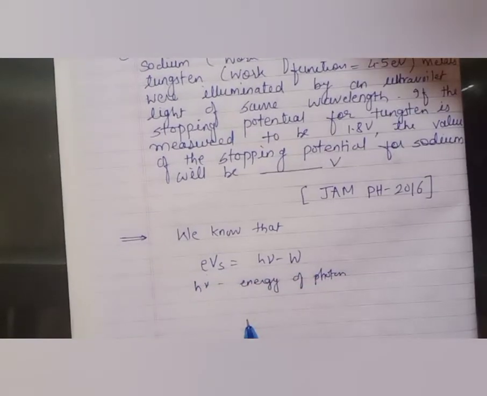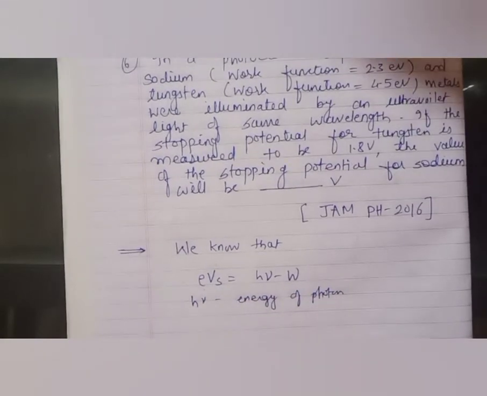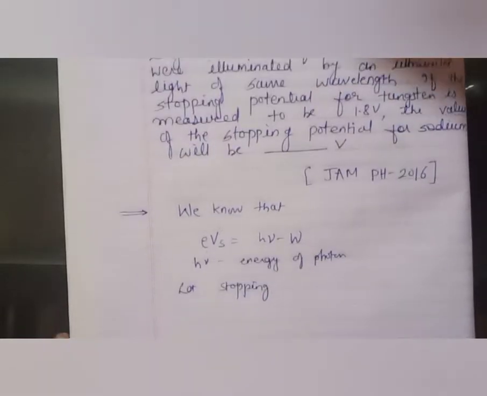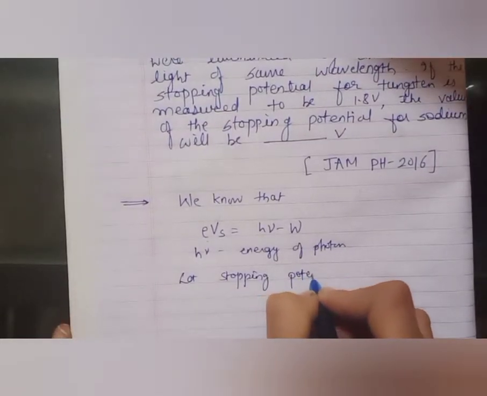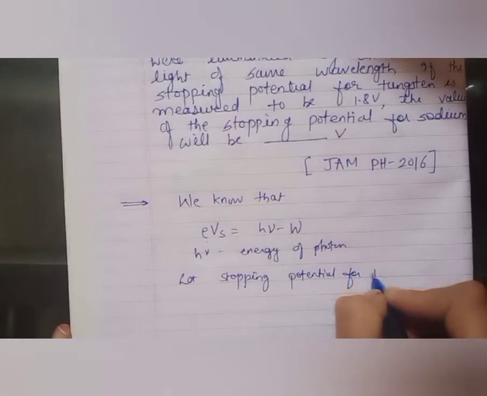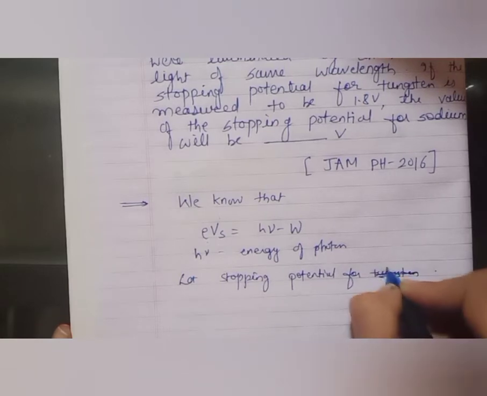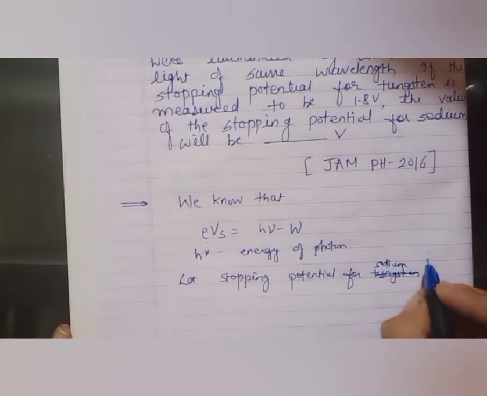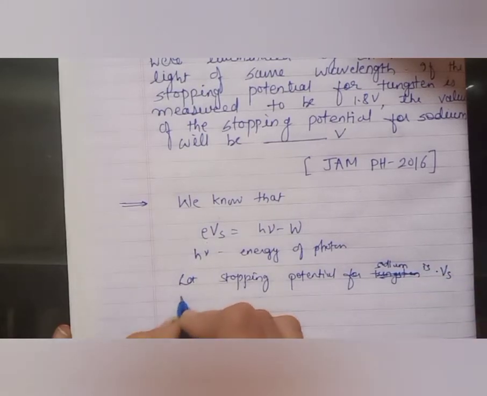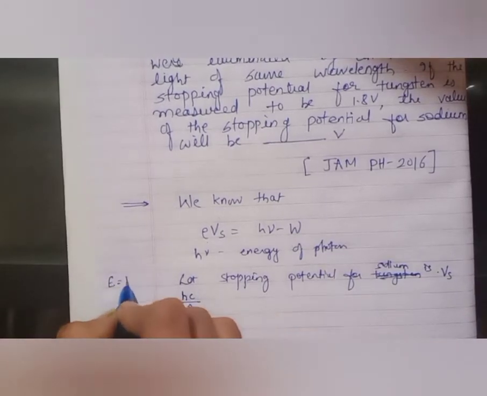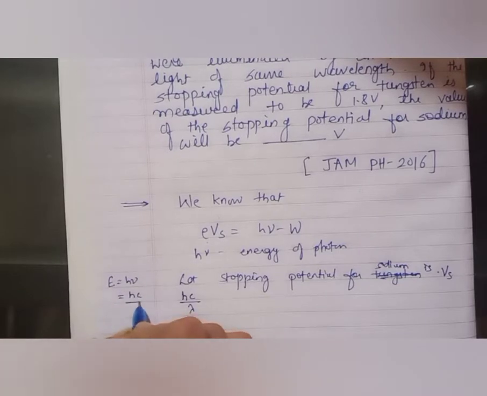Okay, now here what is given is we have two metals, sodium and tungsten. Suppose the stopping potential for sodium is Vs. Now the energy of photon E is equal to h nu, or we can write it as hc upon lambda.